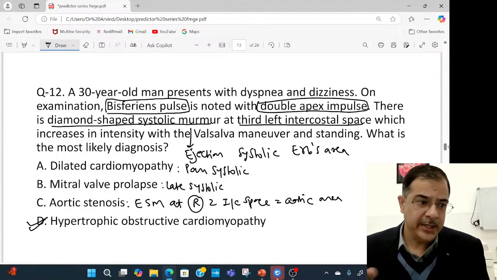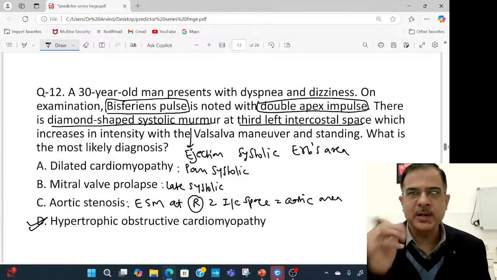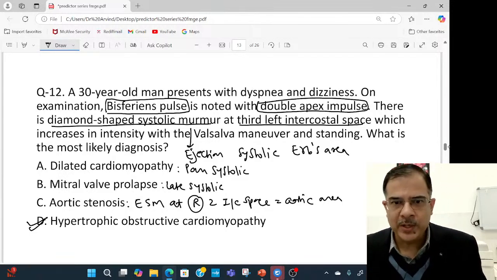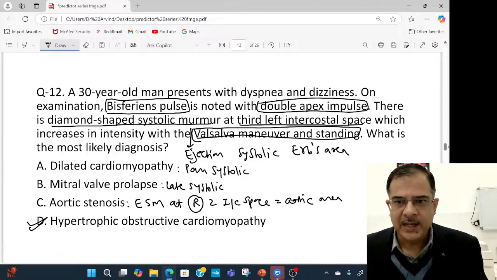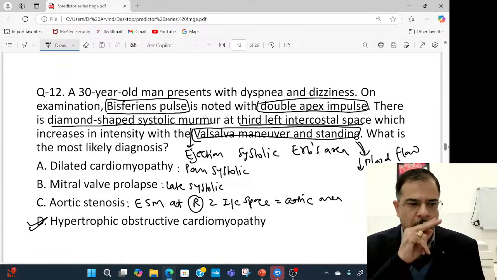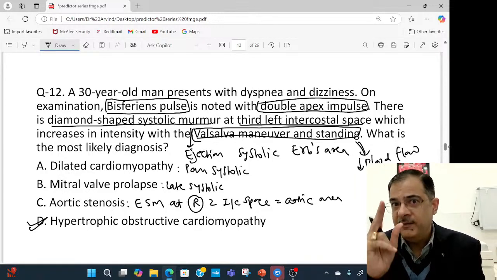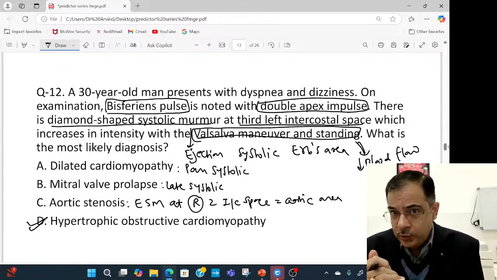Very importantly, the maneuvers which reduce the blood flow increase the murmur of HOCM. Those maneuvers are Valsalva maneuver and standing. Remember this point. Valsalva and standing decrease the blood flow into the heart. Only two murmurs increase when blood flow is reduced into the heart.